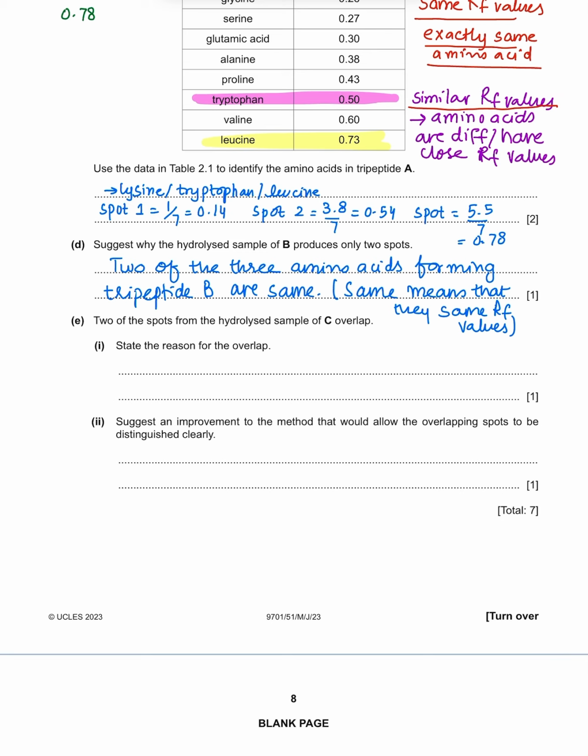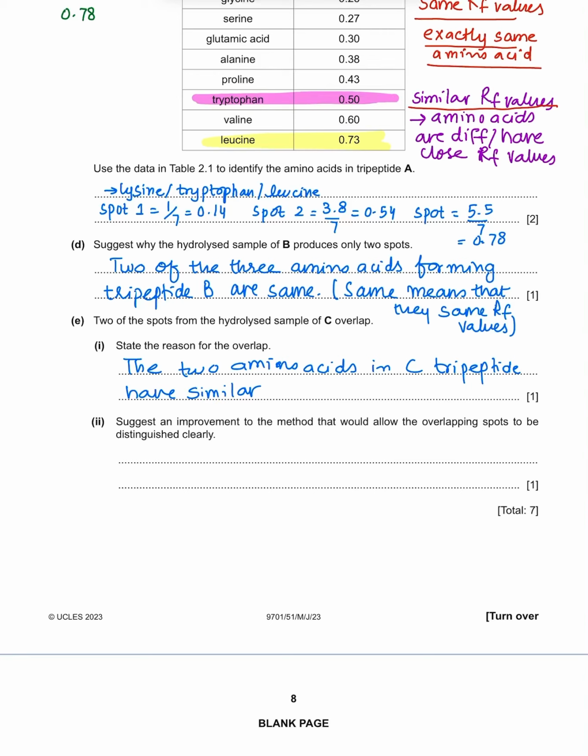So we can clearly write that in this case, the two amino acids in C tripeptide have similar RF values.